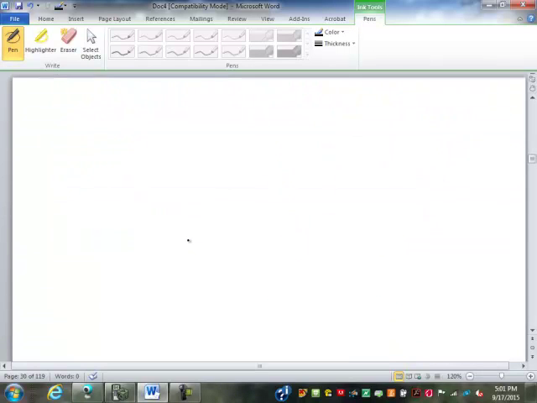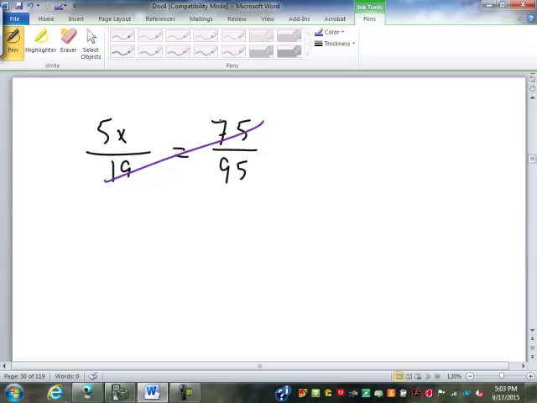Let's try this. Find x. So I'm going to cross multiply. 19 times 75 is 1,425.